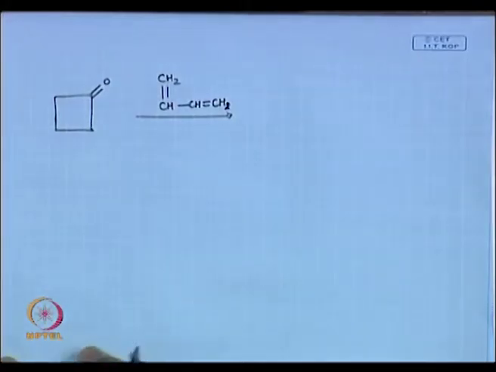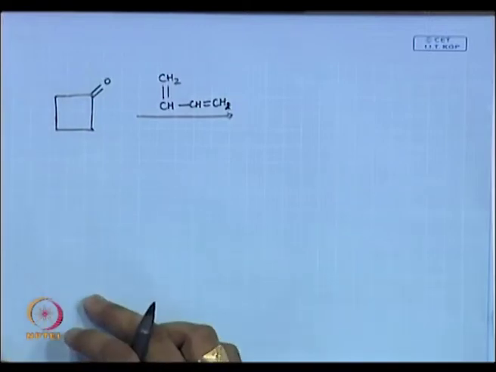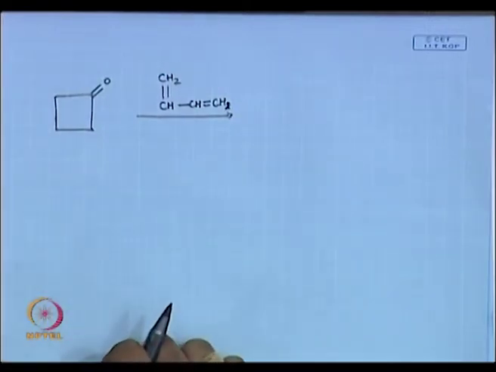So, I am taking a cyclobutanone, okay, and I am taking an alkene molecule, and I will do a photolysis, normal photolysis. So, I take cyclobutanone, add some alkene of this and carry out my photolysis. What can you expect?